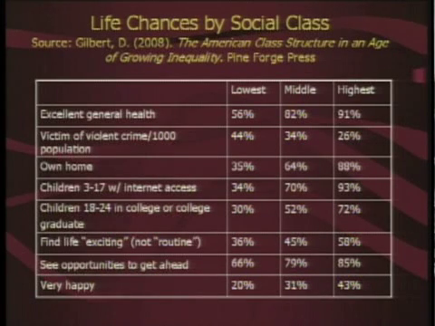Children with internet access, 93% of the highest social class have it, and only 34% of the lowest. The likelihood that you're going to have children 18 to 24 either in college or having graduated from college, look at that disparity. 72% of the highest class and only 30% of the lowest class.